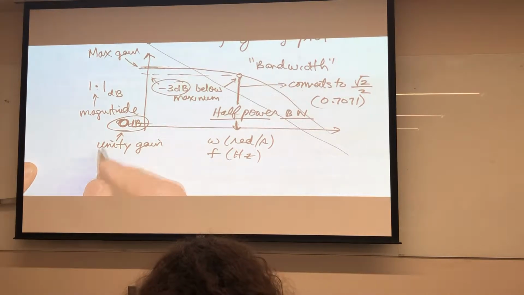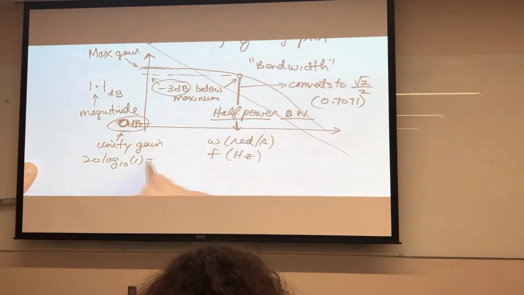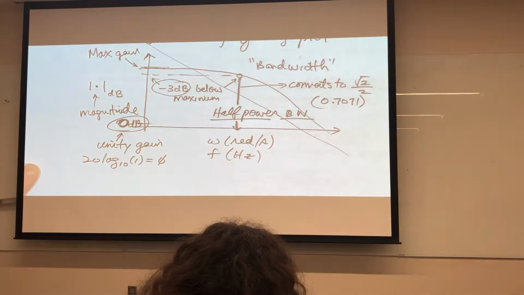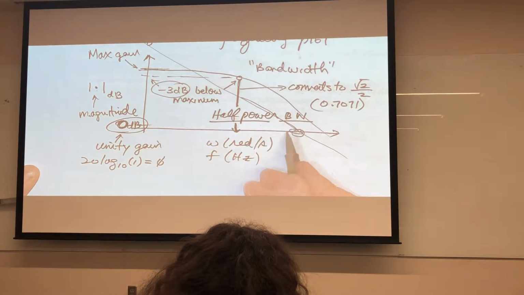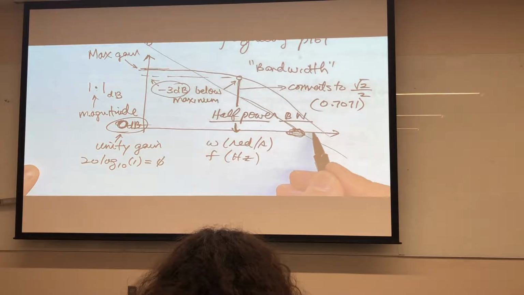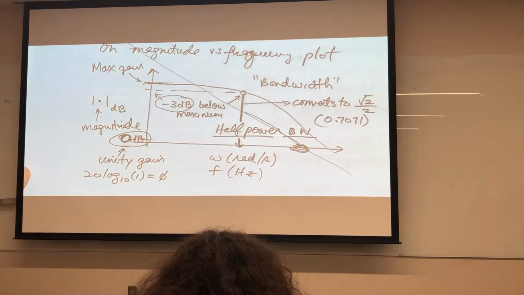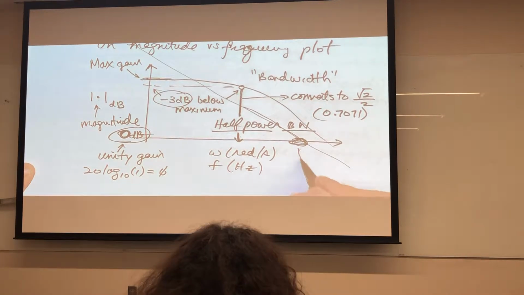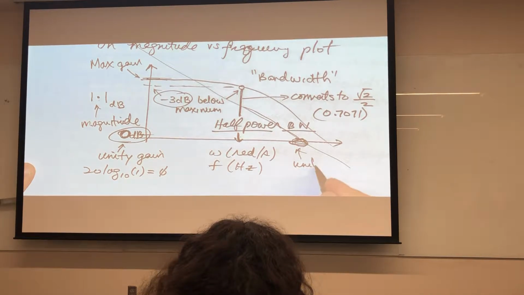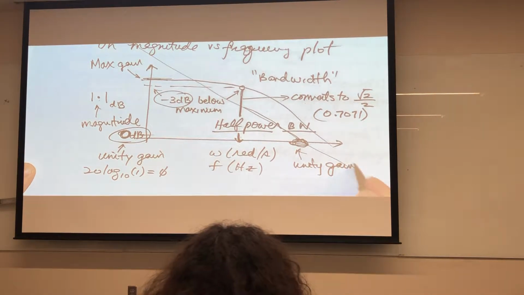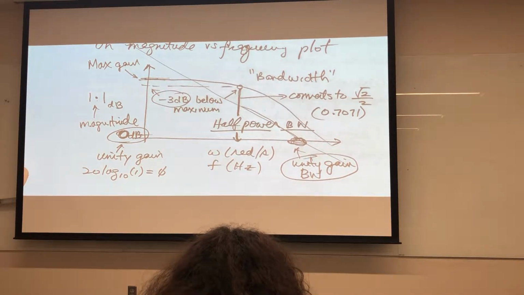Let's take the log base 10 of 1 and then multiply by 20. Log of 1 is 0, 20 times 0 is 0. So that's unity gain. We look at where this thing crosses 0 dB, and we call that the bandwidth. This is called the unity gain bandwidth.